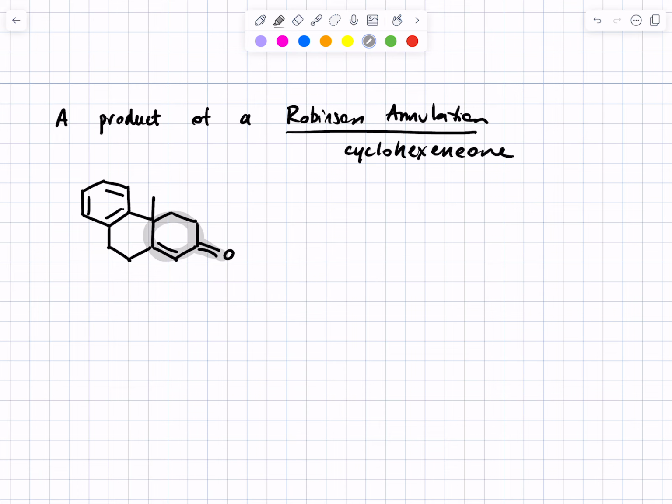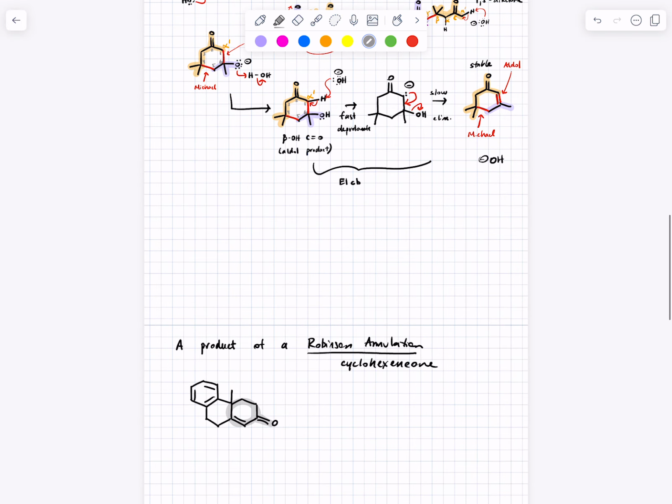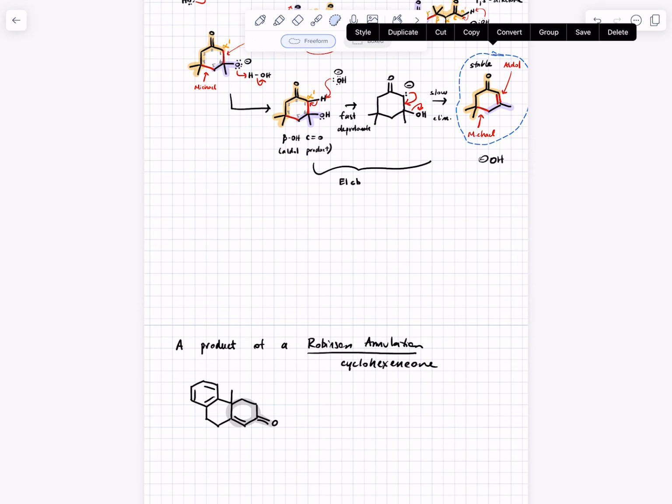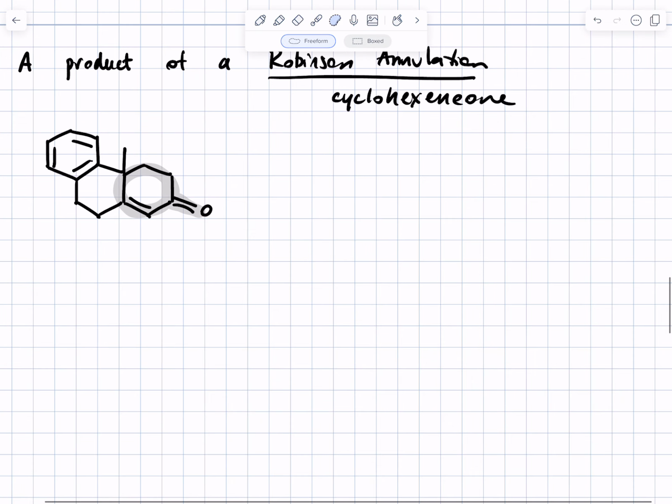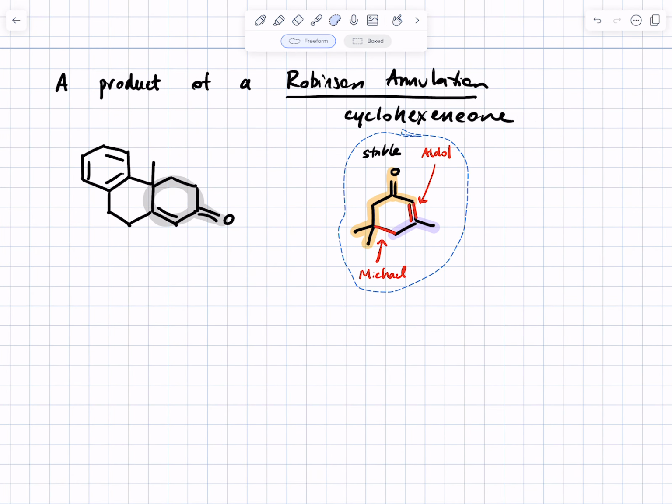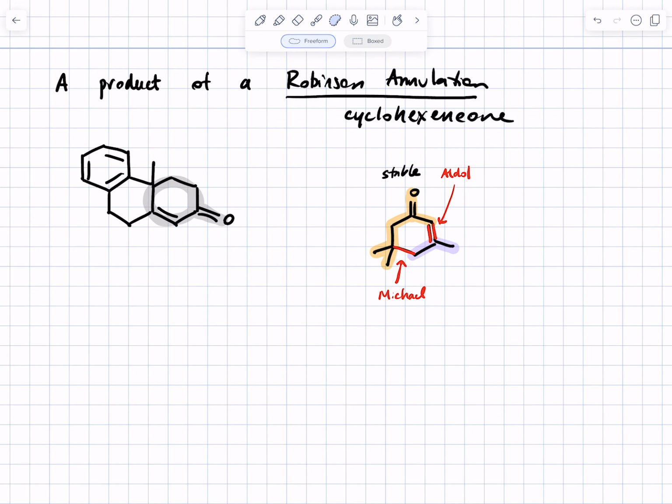Now I'm going to copy down up here what we drew, because it's a nice summary of the Robinson annulation. You can look at the Robinson annulation product, and if you're used to looking at it, you can tell which bonds you made in the Michael reaction versus the aldol reaction.